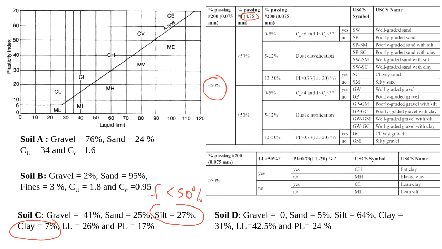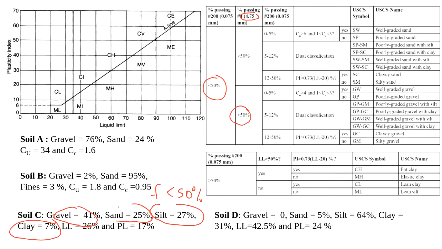But if we recalculate, you will notice that you will decrease the amount of gravel and increase the amount of sand. So this one you need to be careful, it's kind of a boundary case. But let's assume that we recalculated based on the different boundary between gravel and sand, and we get these results. So in this case, we have more gravel than sand. We are going with the gravel here.